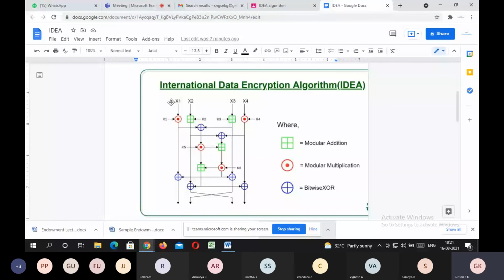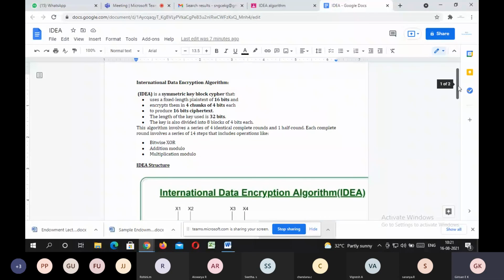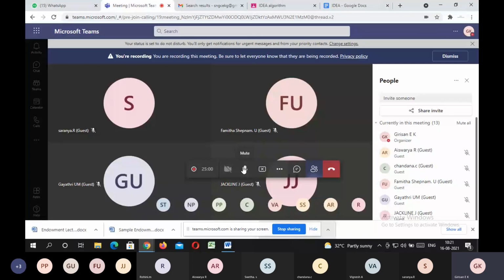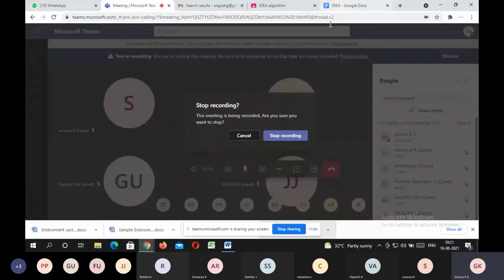Therefore X1, X2, X3, X4 are 4 bits. Then we are using K1, K2, K3 till K8 for the sequence of steps. So this is the importance of your IDEA algorithm.